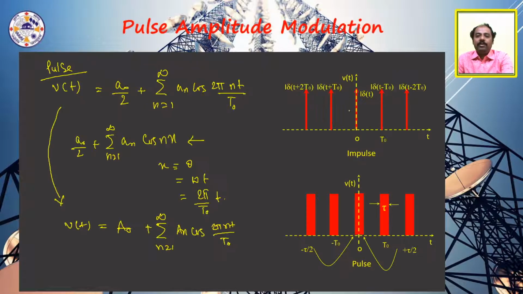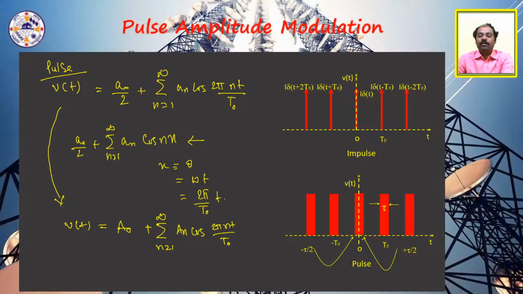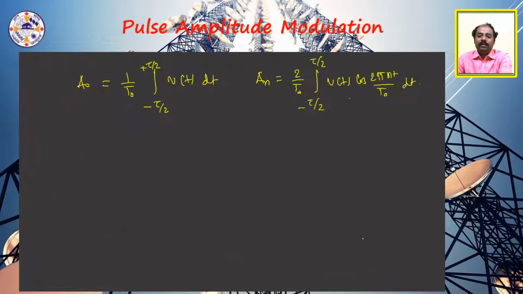Okay, and you can see that this extends from minus tau by 2 to plus tau by 2. These pulses are present in time scale from minus tau by 2 to plus tau by 2. So we are integrating from minus tau by 2 to plus tau by 2.